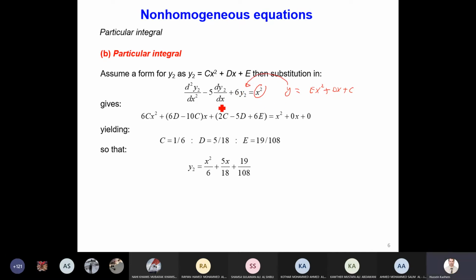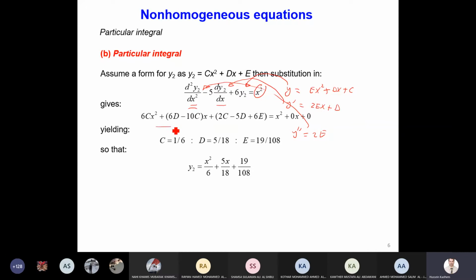I need y dash, which means dy over dx, so I differentiate this. It will be 2ex plus d. I will take it and substitute it here. I need y double dash, so I differentiate again. Y double dash equals 2e only. I will take it and substitute it here.